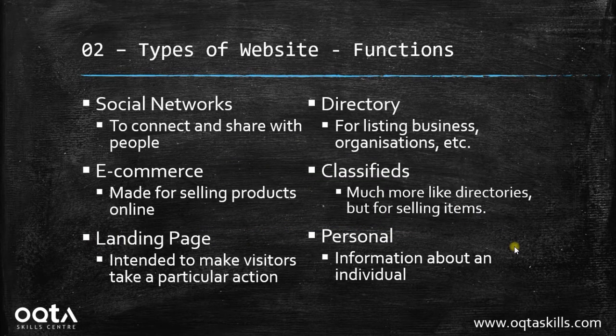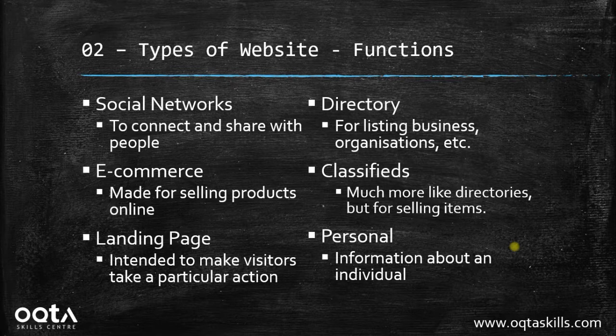We have several of them. First of all, we have the social networks, and I'm sure every one of you is familiar with social networks. That's Facebook and Twitter. We are all there, right? So that's its function, to connect people for messaging and other stuff.